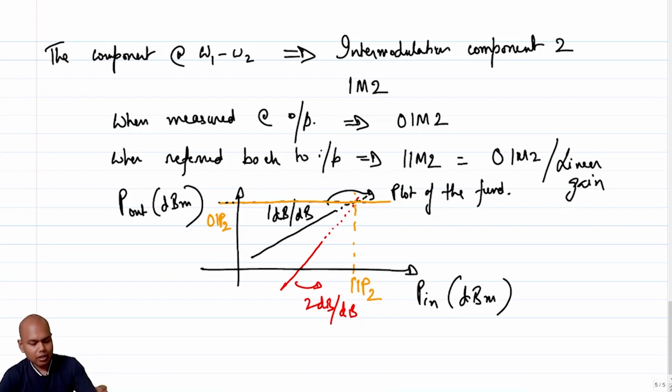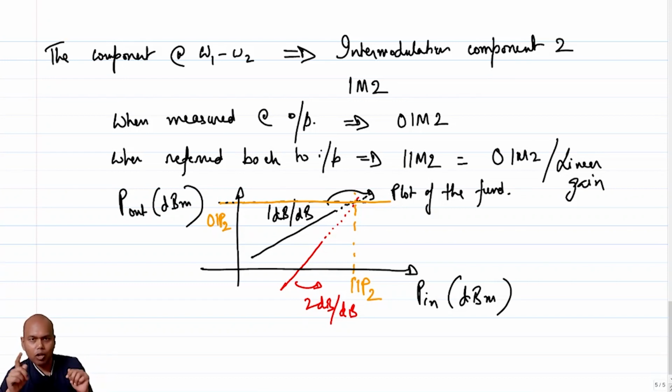So when you do an experiment or even a simulation, you start off with extremely low values of the input signal. What is extremely low is again subjective, because ultimately it depends on how much distortion you have. The typical way of running the simulation is you choose any point to start off and then see what the slope of the fundamental and the slope of the IM2 line are.